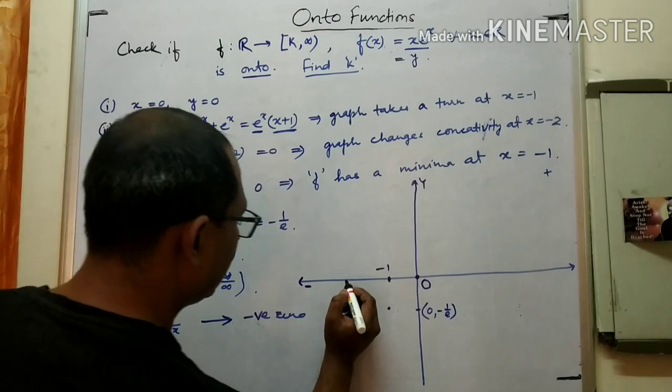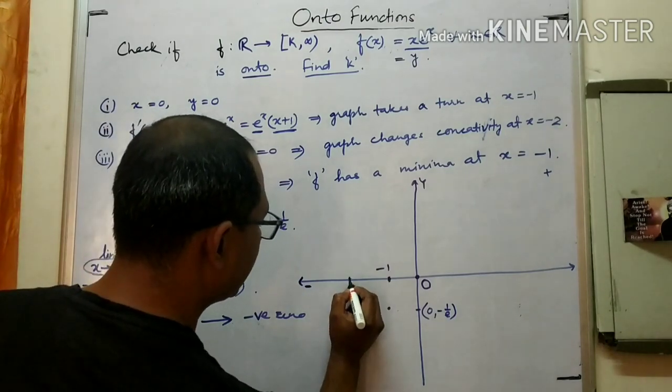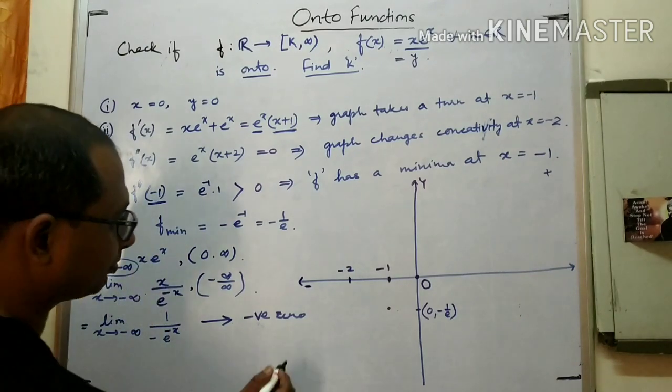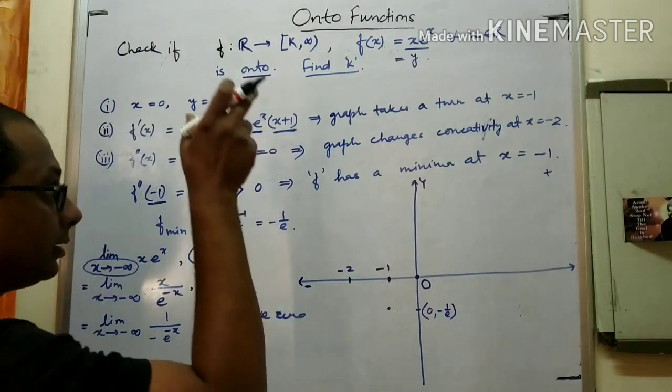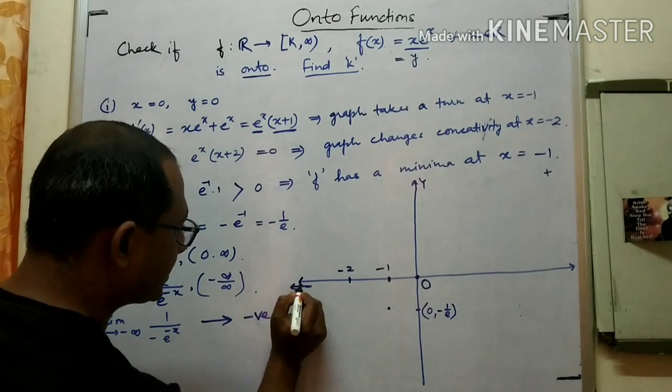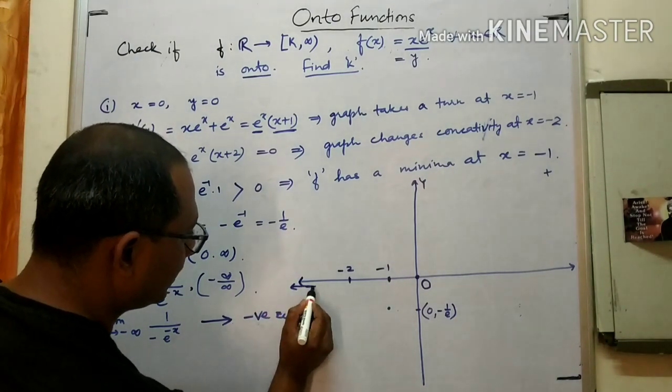The concavity of the graph changes at x equal to minus 2, and the graph is tending to negative 0 when x is tending to negative infinity.